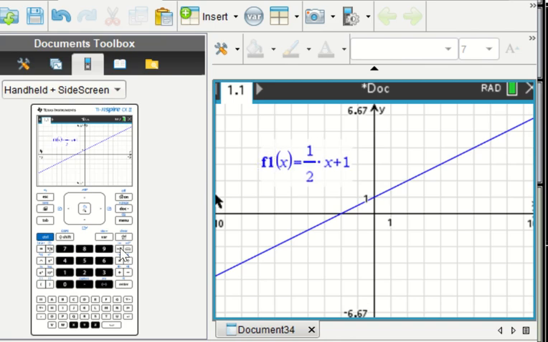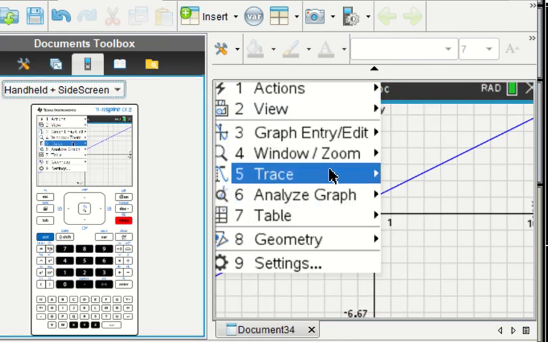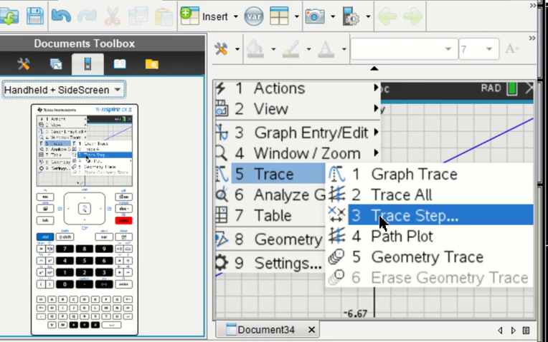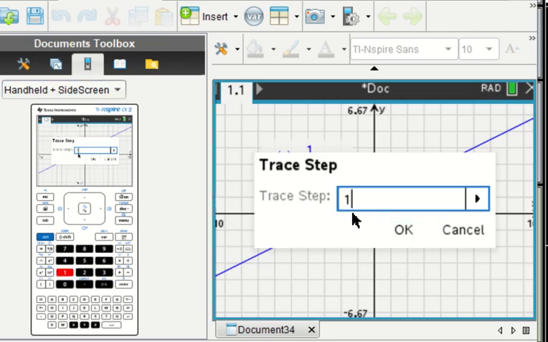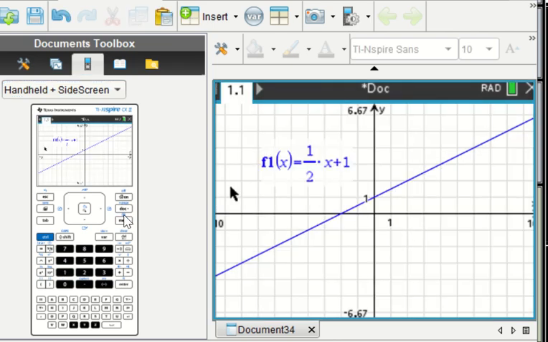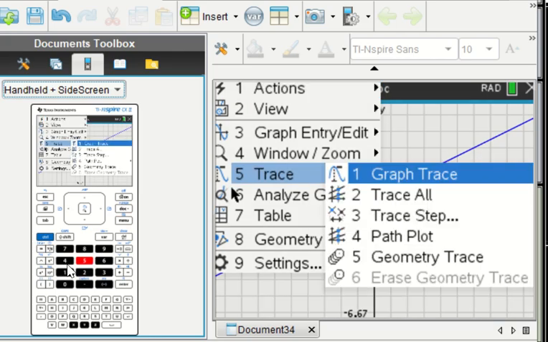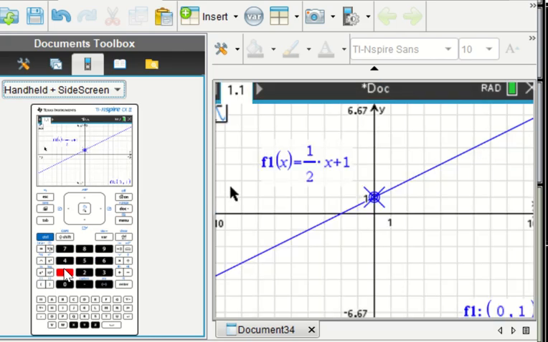Now again, I'm going to do menu 5-3, set my trace step to 1, and then menu 5-1. And my graph trace, if I come to the left-hand side of my graph, so as I work my way to the right, I would hope you would notice that we're going up 1 and right 2 every time.